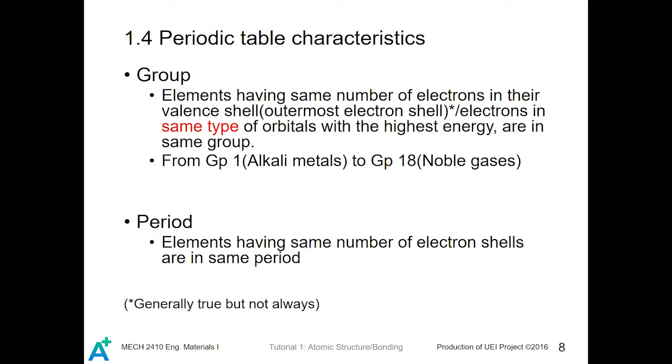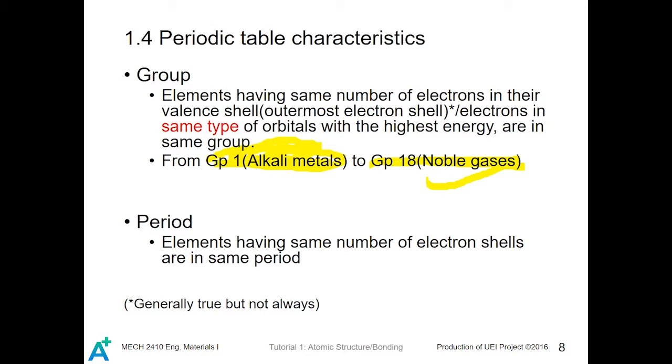For example, group 1 metals all have one electron in their outermost shell, or valence shell. For group 18, the outermost electron shell, or valence shell, is fully filled up. They will have very similar chemical properties within the same group due to such reasons. I will explain it later.